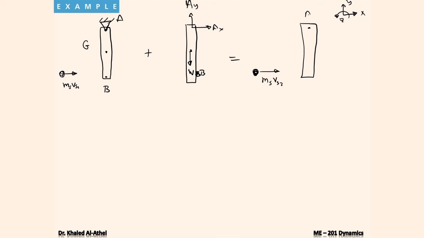So this is point A, this is center of mass G, this is point B, and then I have now rotation, and it's going to be I AB omega 2, and also the center of mass will have a momentum, so it's going to be m vG2, and here B will also have m vB2. Okay, so this is what I have in this problem.